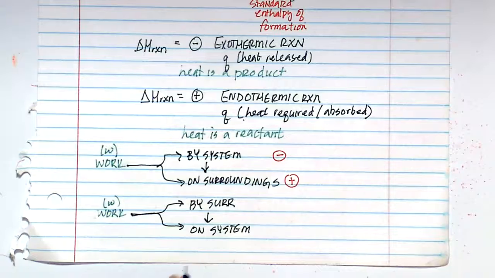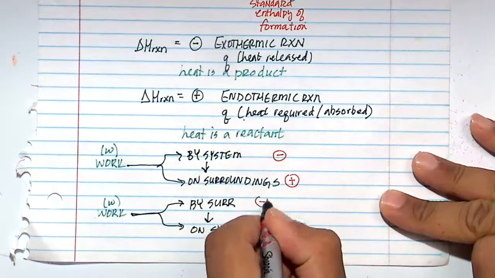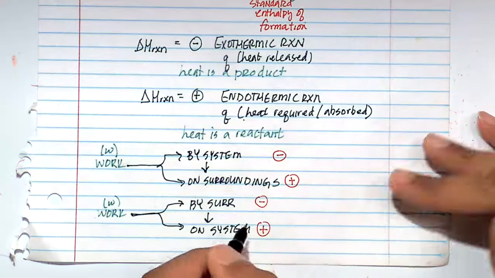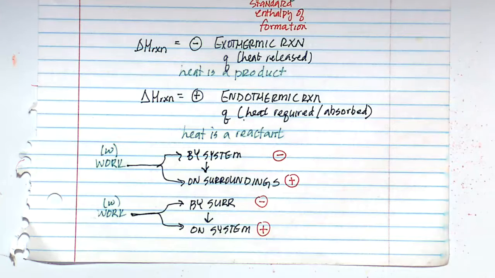In that case, the surroundings are going to be negative in value, and the system will be positive in value. Same value, just different sign, again because of the law of conservation of energy.